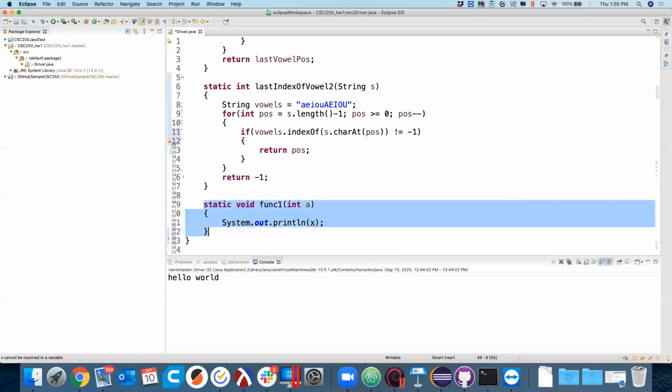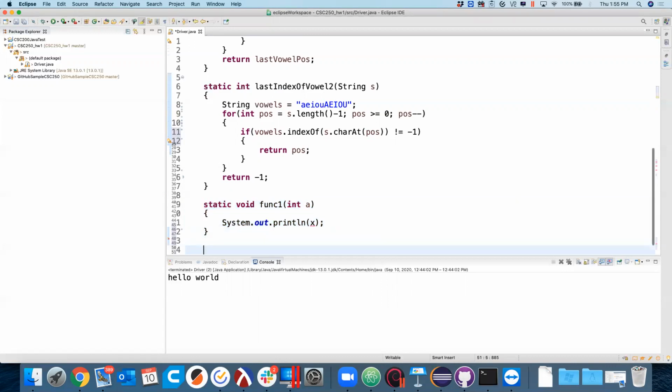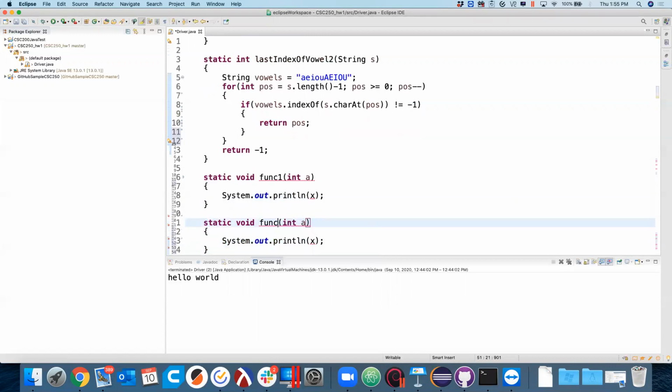Then we'll have a separate one, another function, func2. And this guy will take in an X and print out an A.